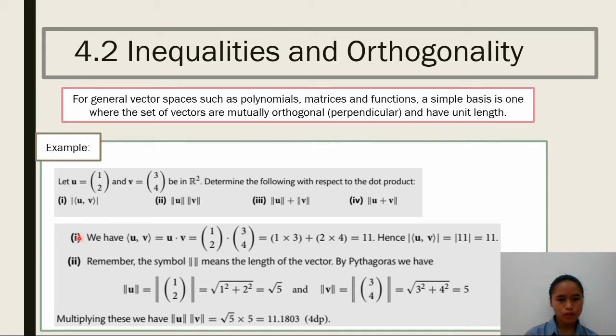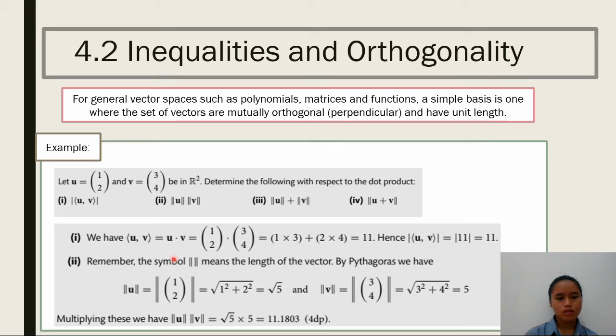So for number 1, the inner product of u and v equals u times v, and from the formula we get the result.